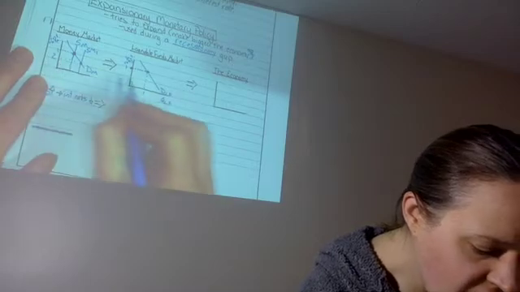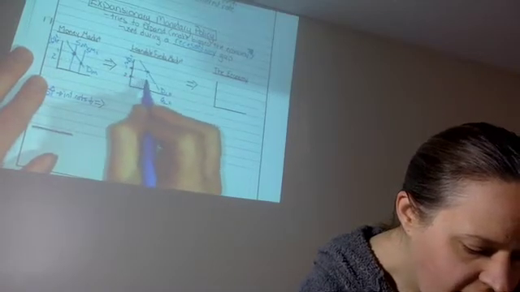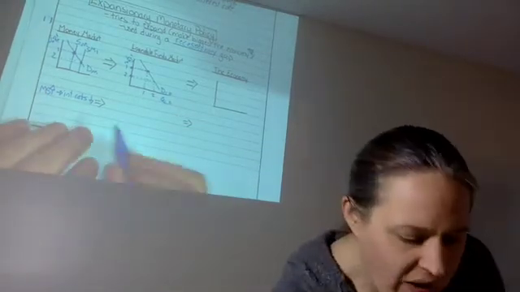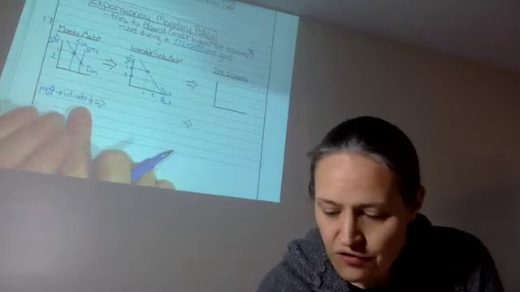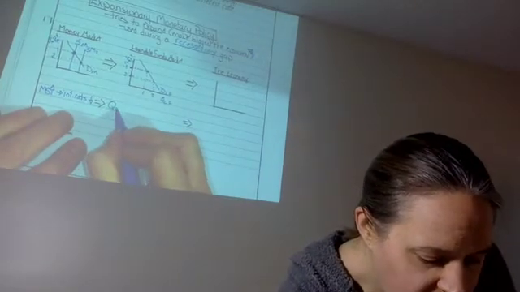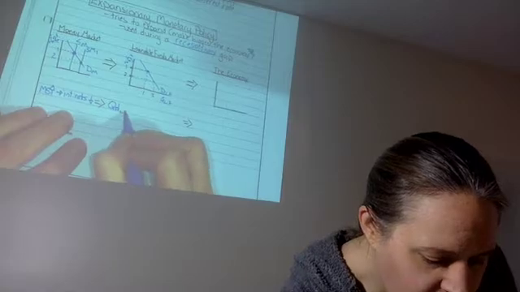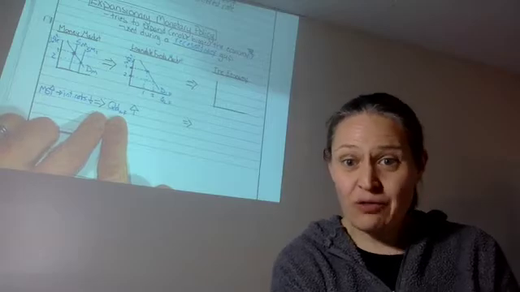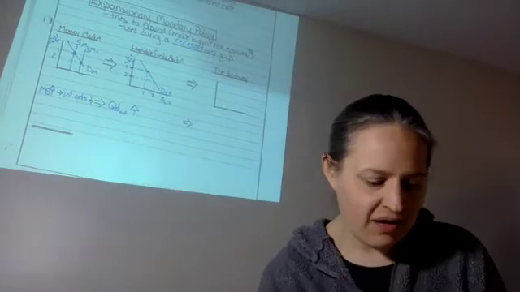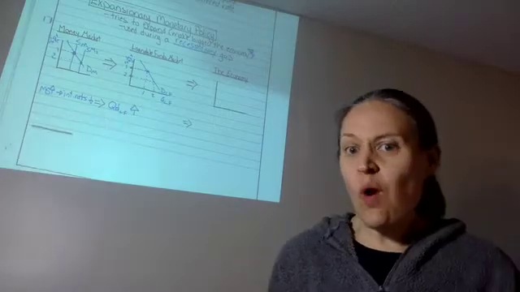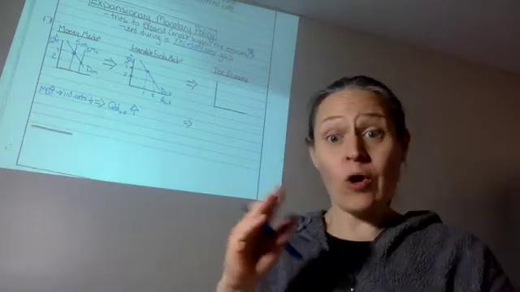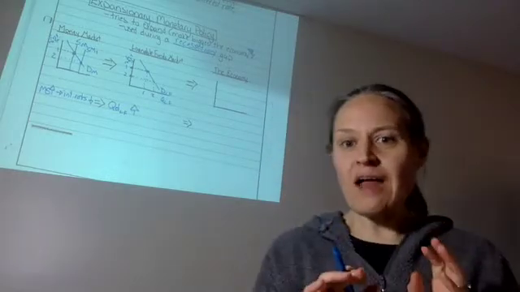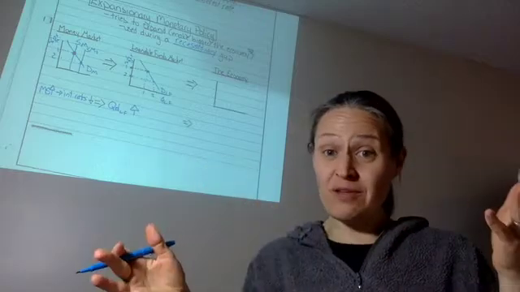Then our interest rate went down, and now we have a new quantity demanded of loanable funds that increased. So the interest rates went down, therefore the quantity demanded of loanable funds went up. You might want to write that in. Quantity demanded of loanable funds going up means that more people want loans, right? More people are willing to take out loans to buy houses and cars, and more businesses are willing to take out loans to make their businesses bigger.